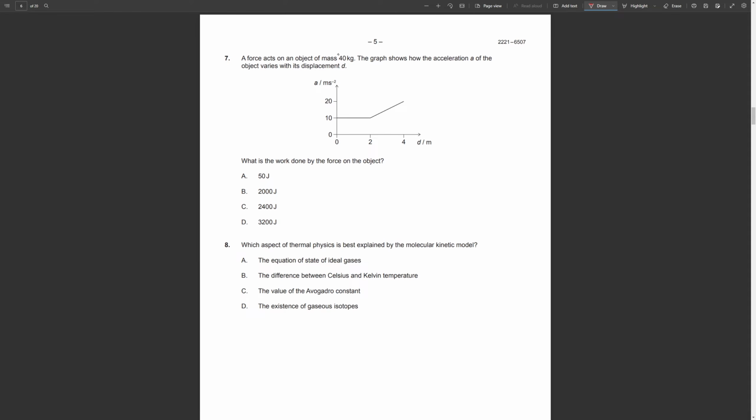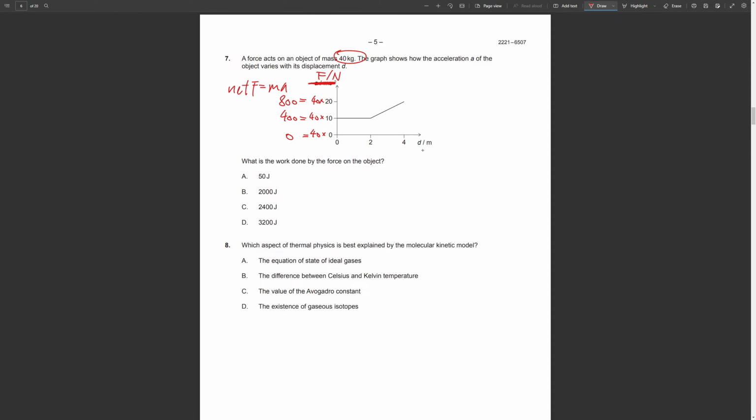But with the given information, the mass, you can now rewrite the equation to make force the y-axis by multiplying 40 to each of the y-axis values. The reason is net force equals m times a, which means the F-d graph is 800, 400, and 0 here.